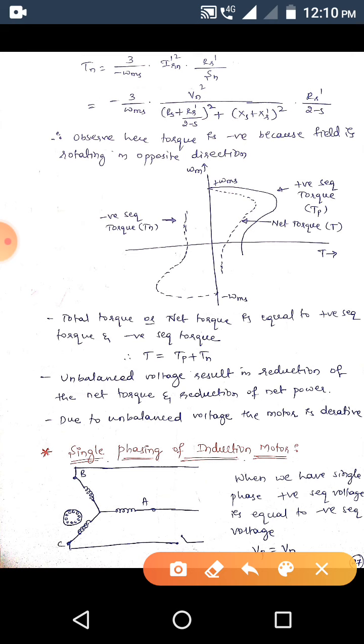One supply is kept open here. So there are three windings here, A, B, C. We will keep one winding open, so then it will become a single phase. That's why the name is single phasing of an induction motor.